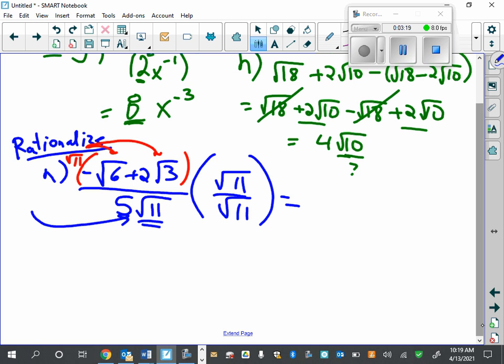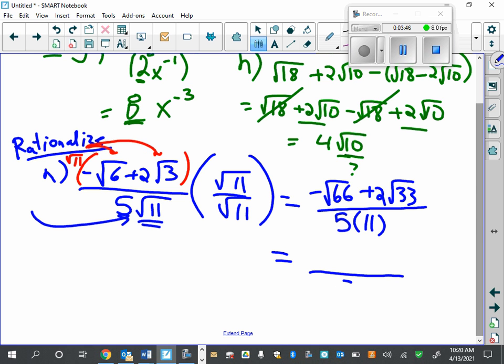So this is negative radical 66, and then this is plus 2 radical 33, and in the denominator you've got to keep that 5 there. That's something that sometimes students do: they multiply the radical 11, but they just delete the 5. You can't delete the 5, you still need the 5 there. And then simplify the radicals if you can.